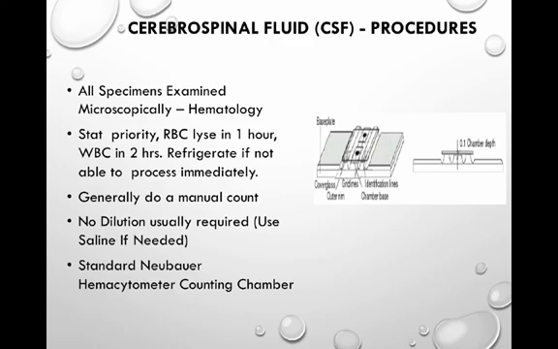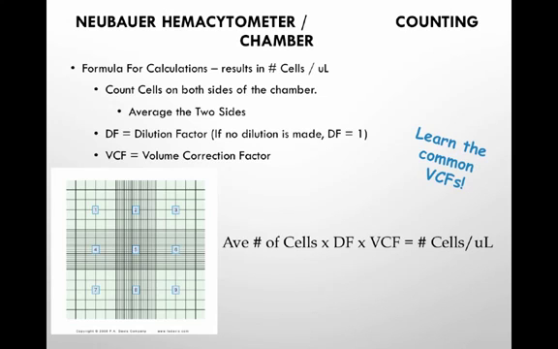Rarely is a dilution needed, but if a dilution is needed, it should be in normal saline. The counting is performed in a standard Neubauer hemocytometer counting chamber. Again, this is the same counting chamber we saw when we did our manual white blood cell counts. Red blood cell and white blood cell counts are reported as numbers of cells per microliter.